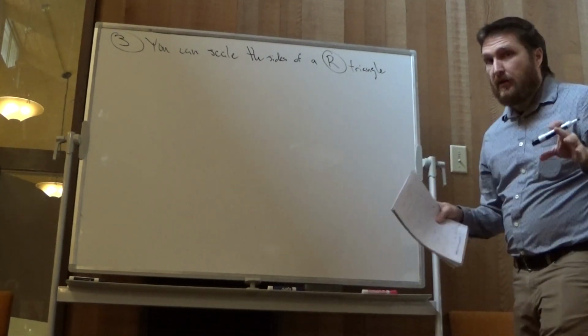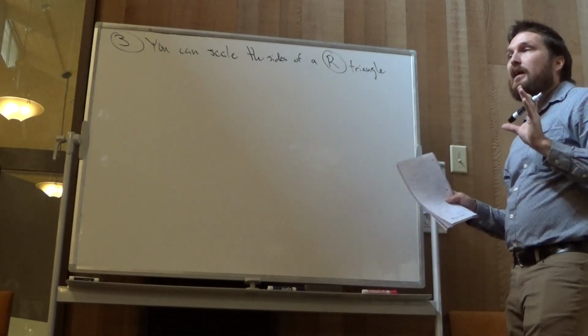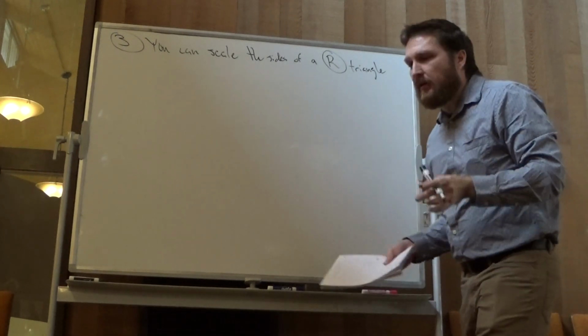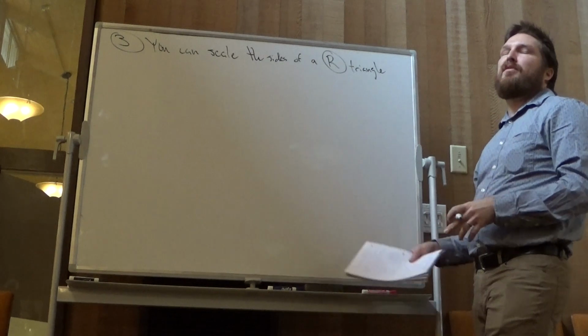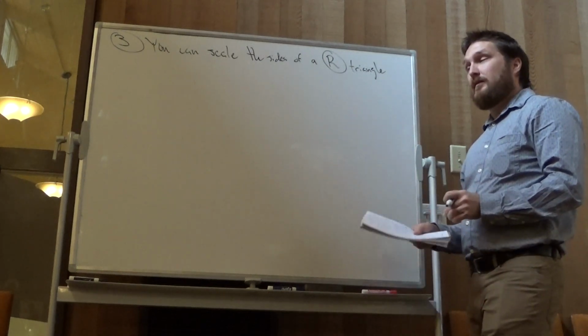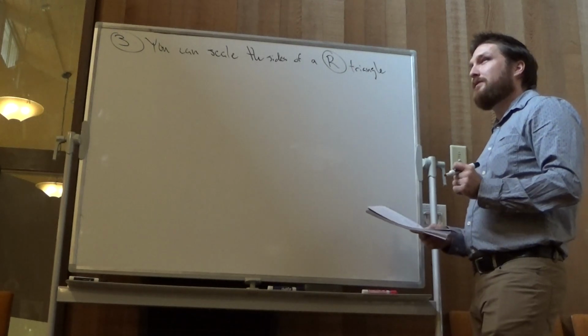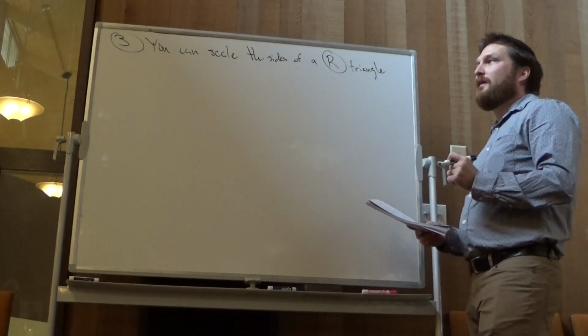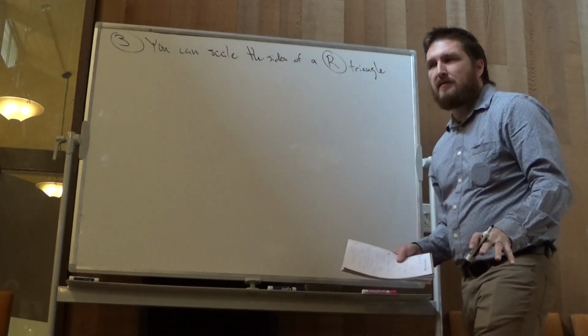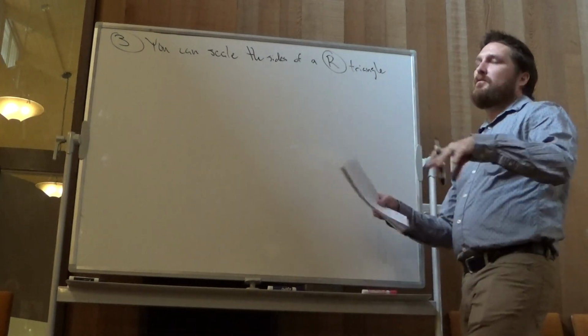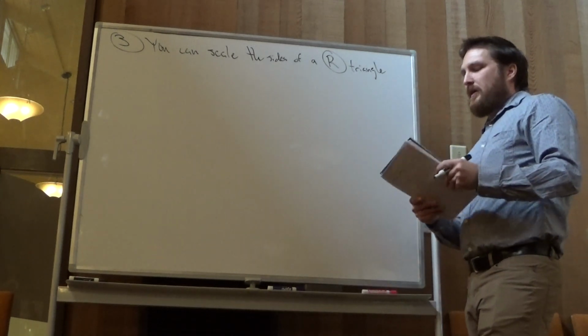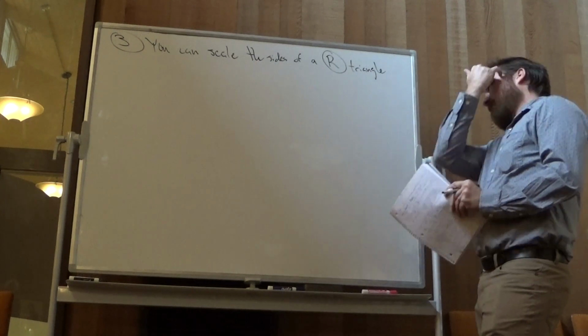It's true for any triangle. But if we wanted to prove it for any triangle, it would require another extra 30 minutes, and I don't want to. As we'll see, the case for the right triangle is going to be more fundamental to everything we do in this class. And then from that, if we wanted to, we could build on that. But right triangles are really the bread and butter of this class.